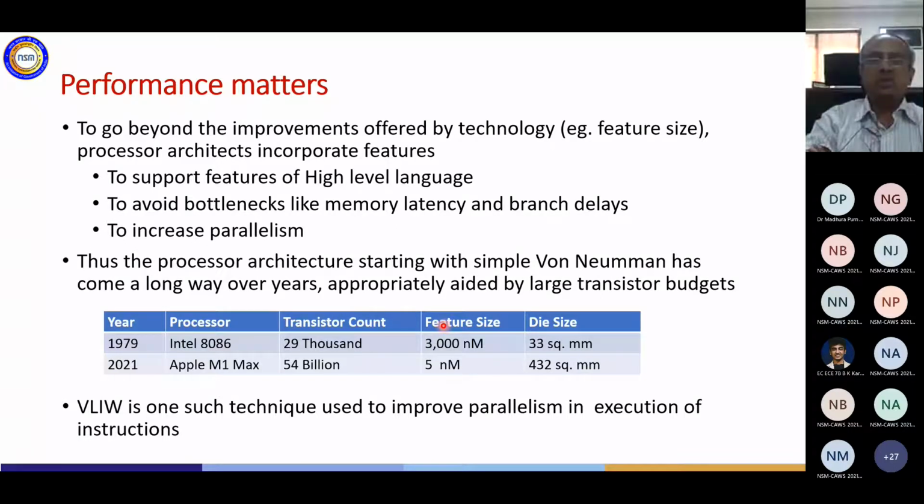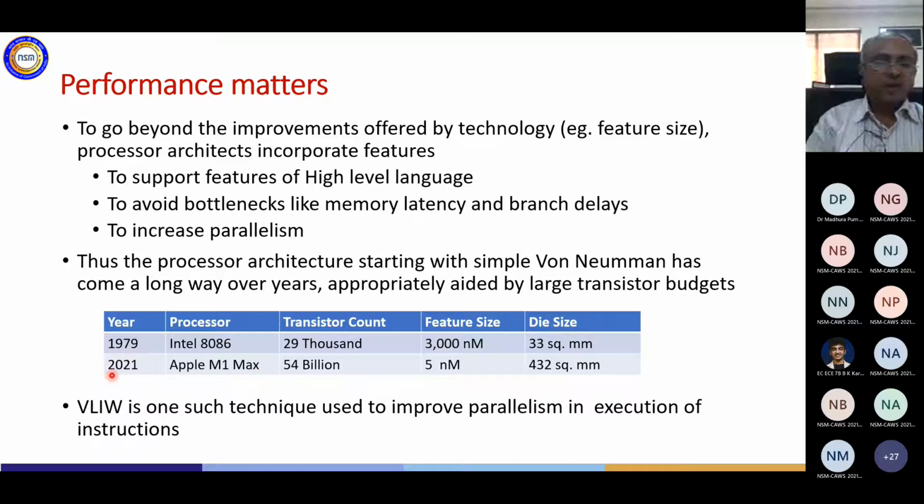I'm sure you know that transistors, the MOSFETs, field effect transistors, are made of P and N type semiconductors with two PN and NP junctions, or vice versa if it's an NPN transistor. So the thinnest line was as big as 3 micrometer, that is 3000 nanometer, and the size it occupied was about 33 square millimeter. So it's almost a square that they make.